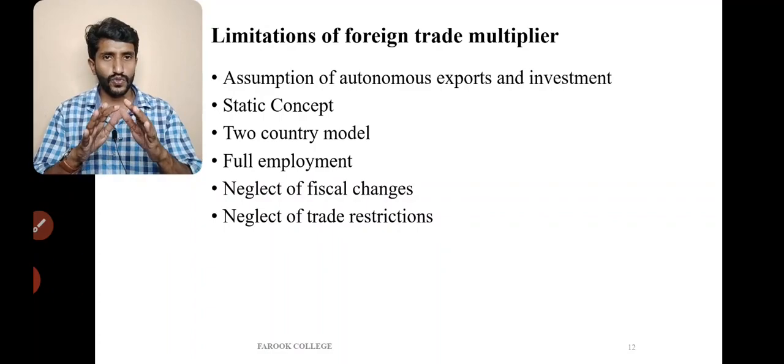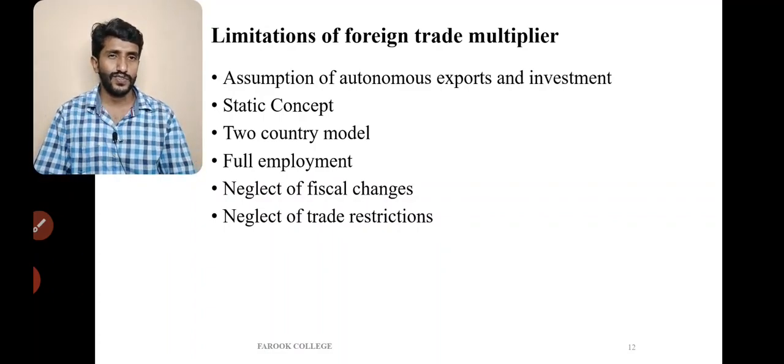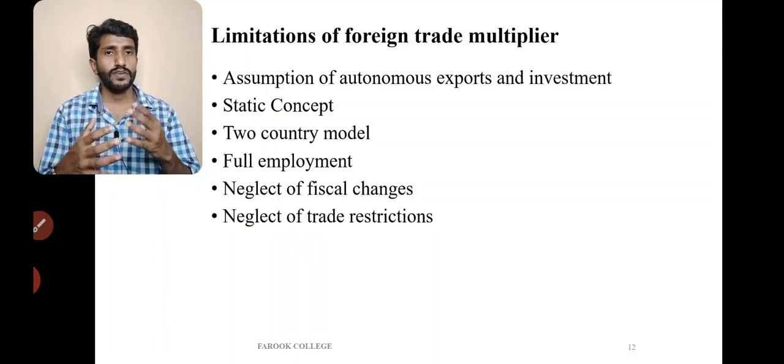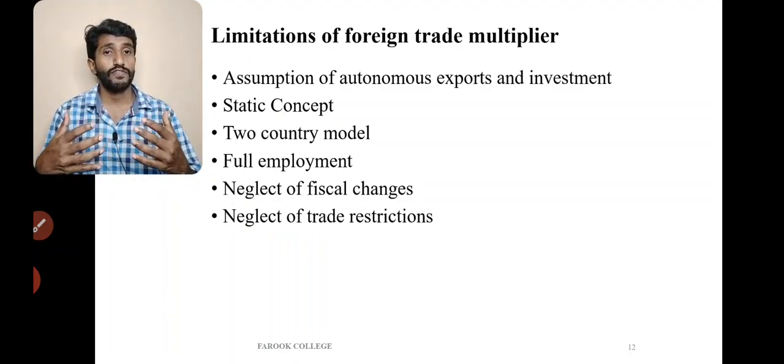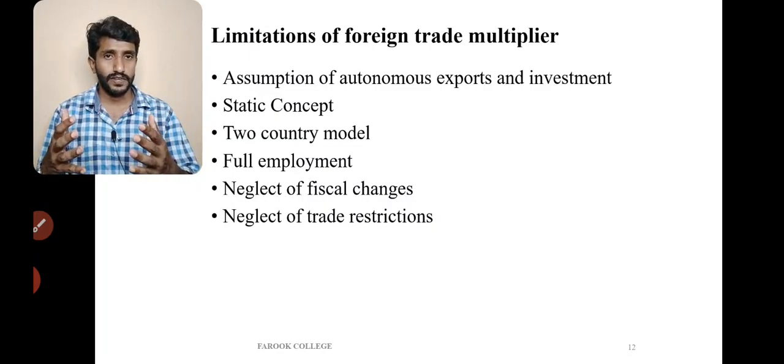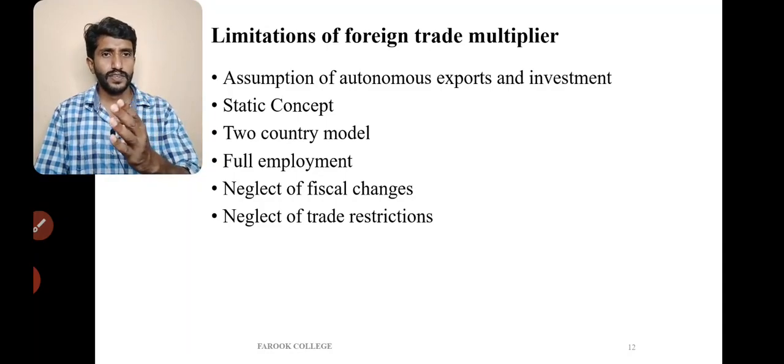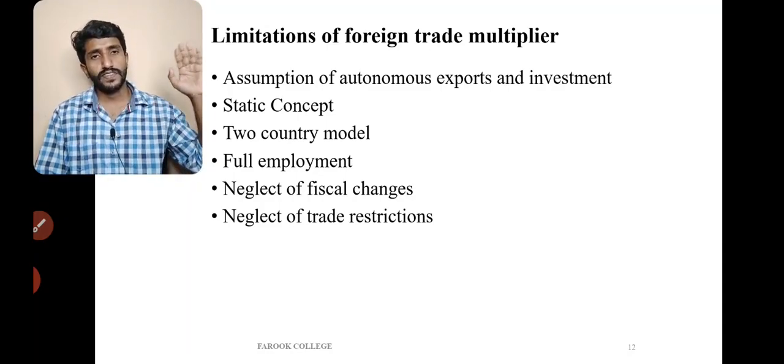Then there is also the assumption of full employment, so it doesn't explain how the foreign trade multiplier will work in a situation of underemployment equilibrium. Then this analysis completely neglected fiscal changes.